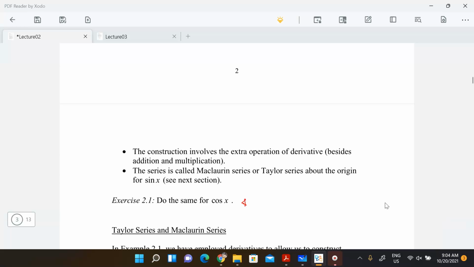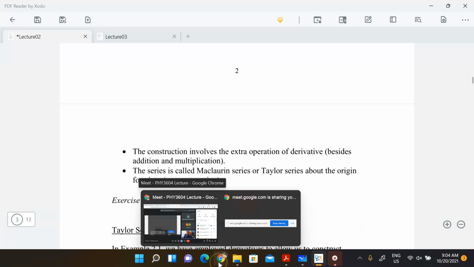You can try this for yourself and then compare it with some standard table of power series expansion for cos x. I believe you have seen it before, probably in some other basic maths course.